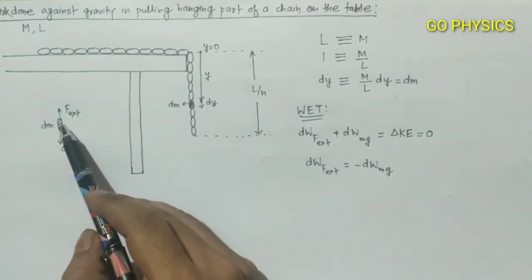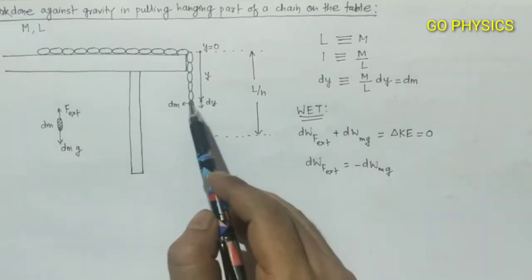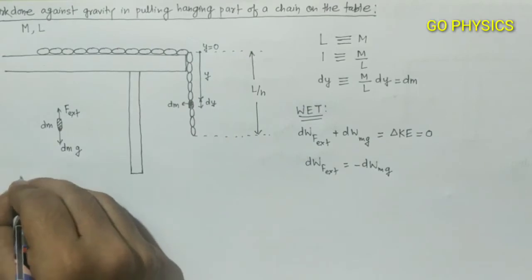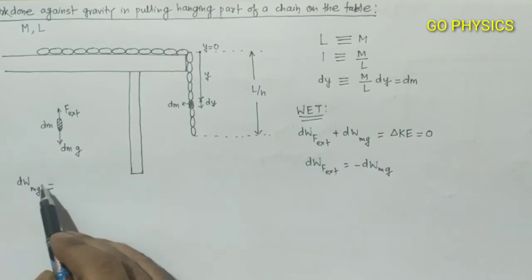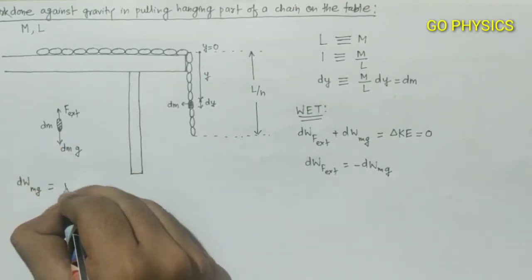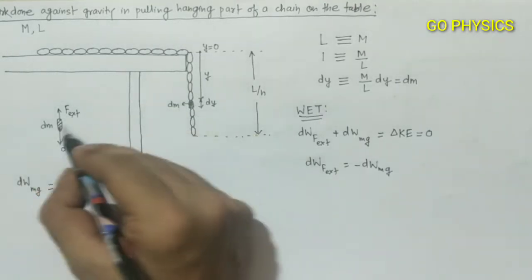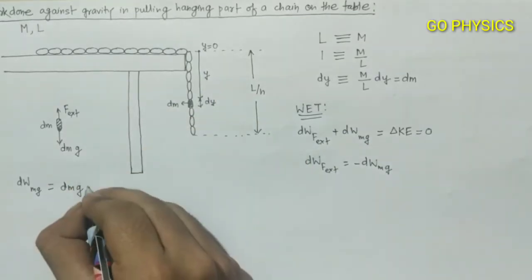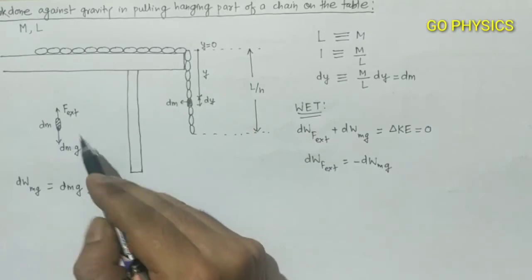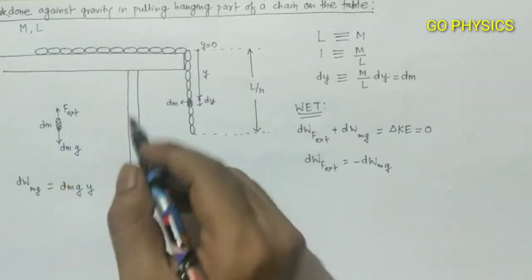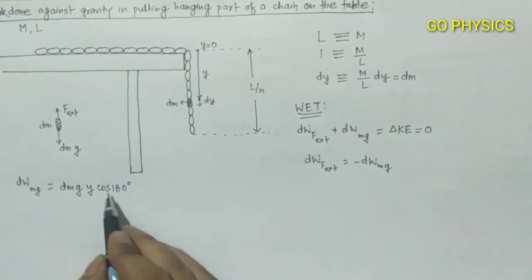Now we will see what is the work done by the gravity force to bring this dm over the table. So dW mg, that is the work done by the gravity force, is equal to mg, which is here dm g, and it will move through what distance? Distance y. The displacement is upward and the gravity force is downward, so the angle between the gravity force and displacement is 180 degrees. So it will be cos 180 degrees, and cos 180 degrees is minus 1.